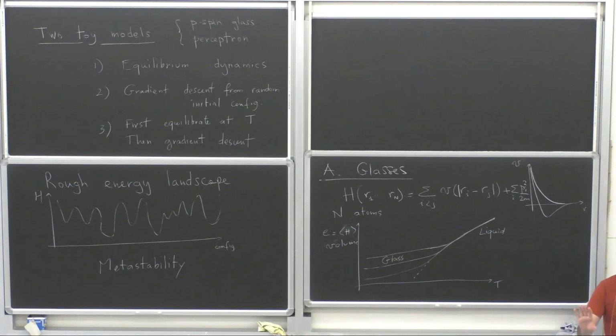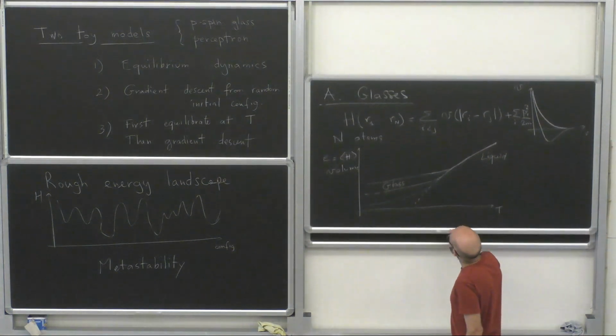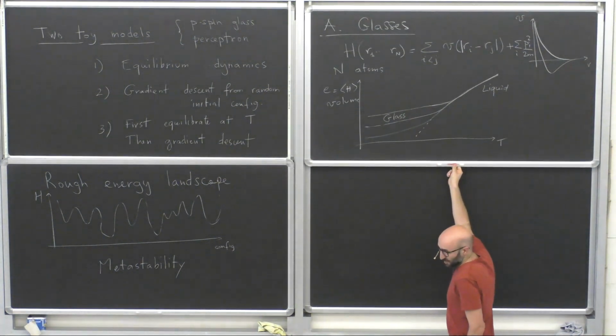So forget about viscosity, there is no viscous flow. What you get is really an elastic solid, but it's a disordered solid, so phonons will typically scatter on other things. Okay. So this is my first example.